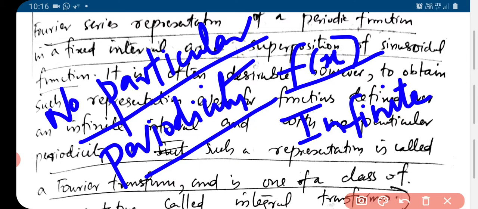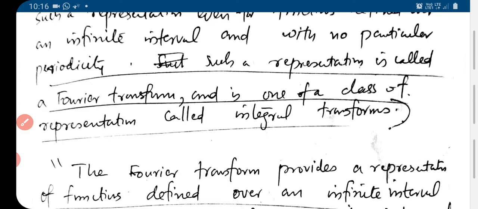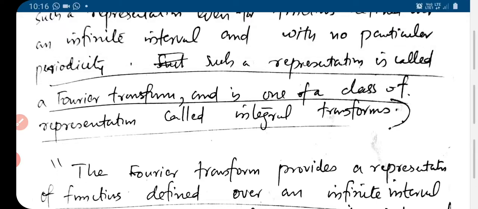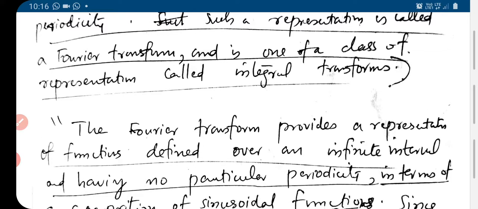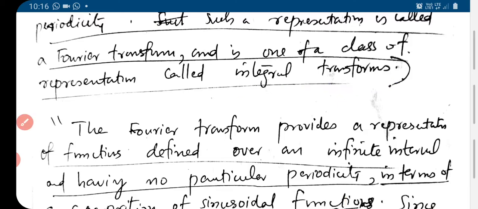In that case, we represent such functions by the Fourier transform, and this representation is called the Fourier integral transform. So what is the Fourier transform?